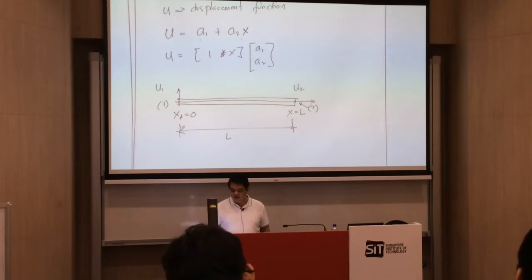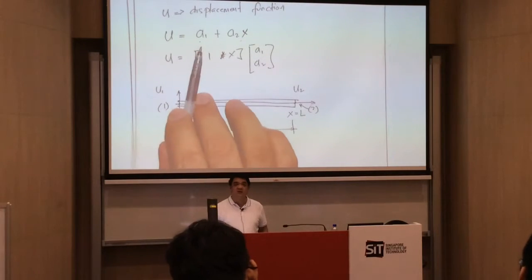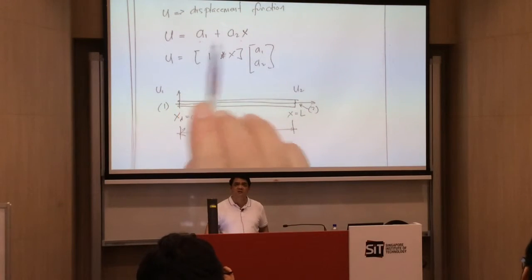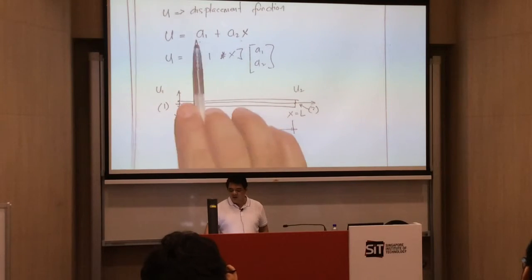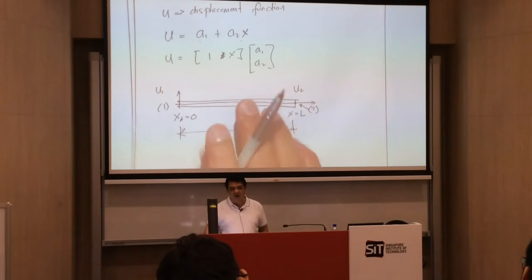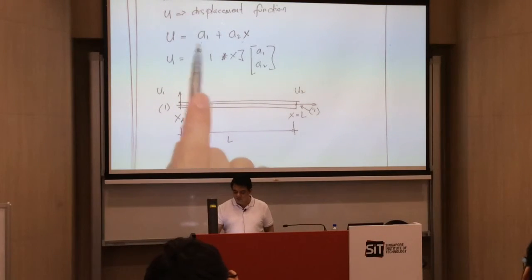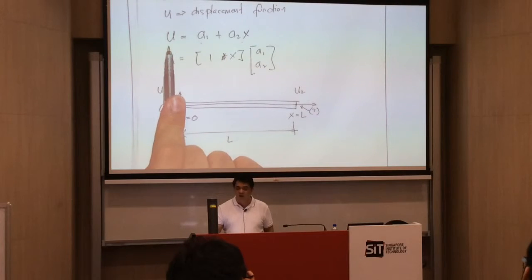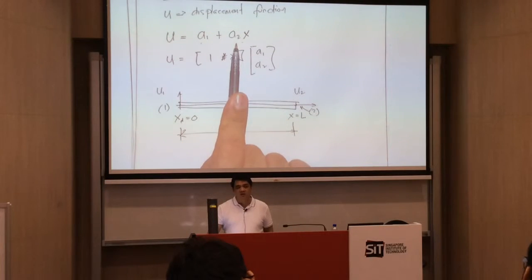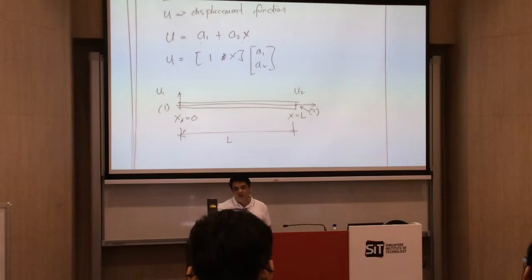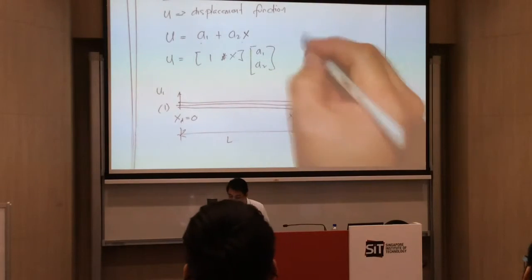So that's the thing at the moment. Now, our question here is we need to determine the coefficients. Once we have this one, we will be able to get your shape function. So that's the purpose here. Once we know a function of u, we will be able to get your shape function, and from there we will be able to get your stiffness matrix.